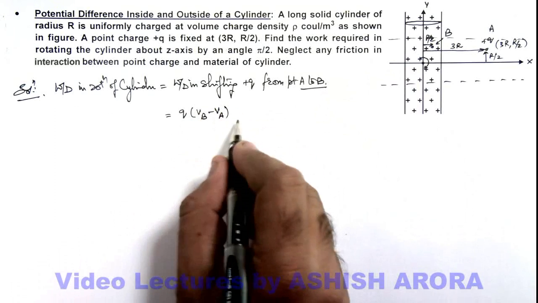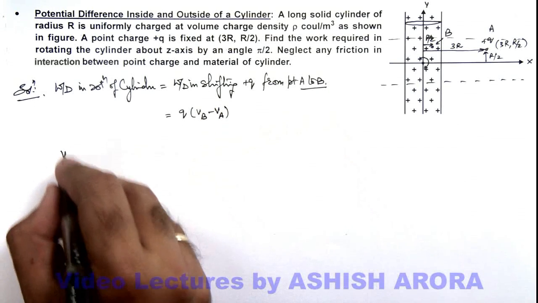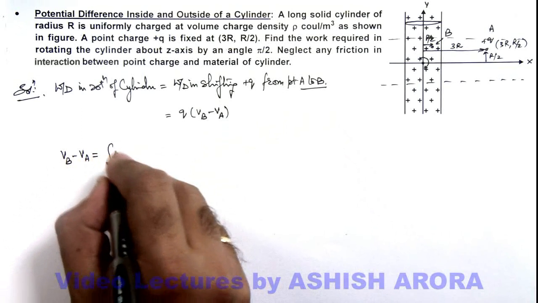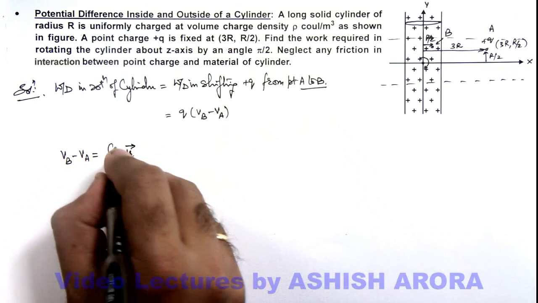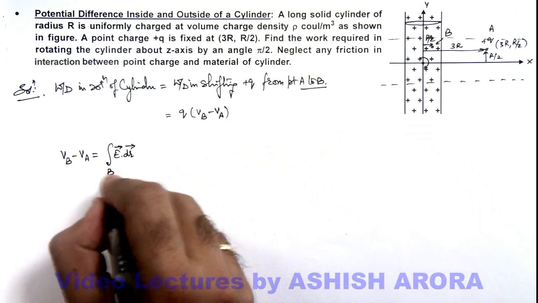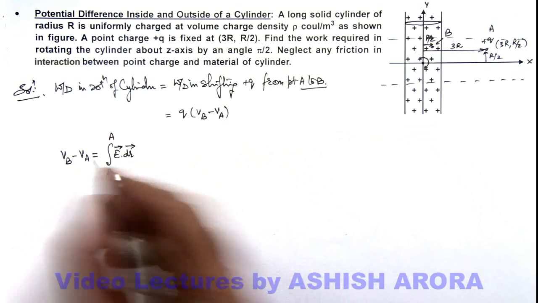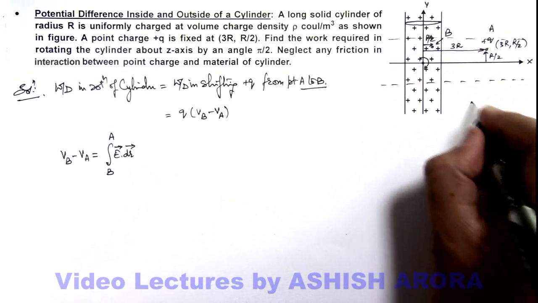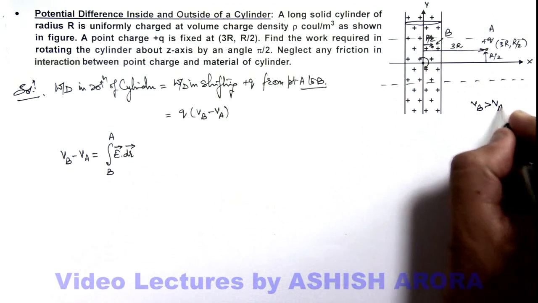The potential difference VB minus VA equals the integration of E dot dr from B to A, and I take the positive sign as, due to the outward electric field, VB is greater than VA.